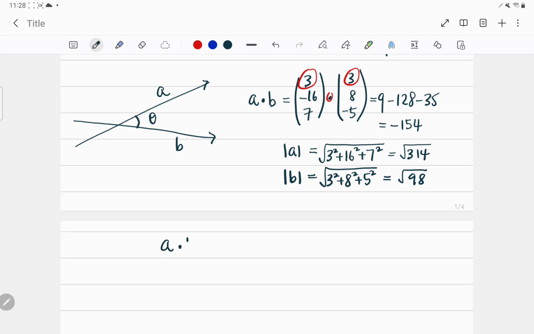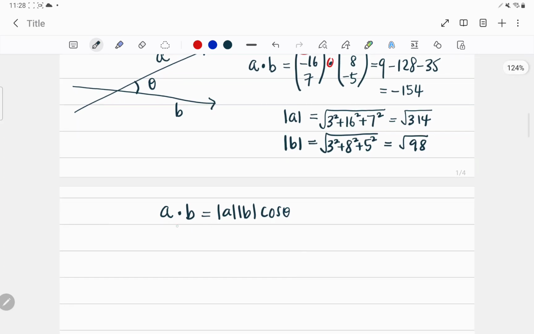A dot B equals magnitude A, magnitude B, and then cos theta. If you can remember the formula, you can just put it down as theta equals arc cos of A dot B above, and magnitude A, magnitude B below.